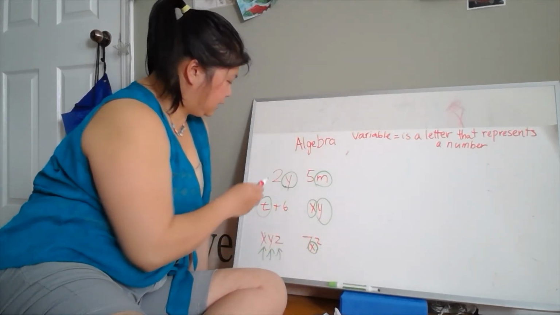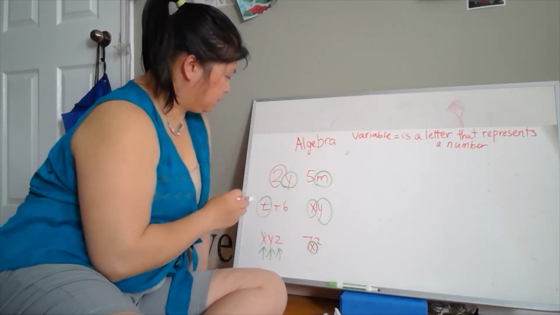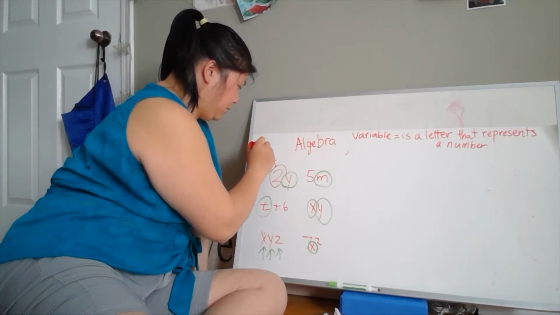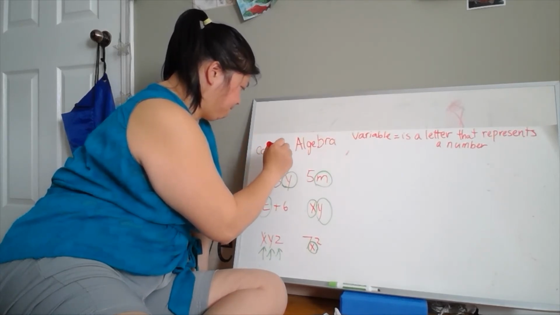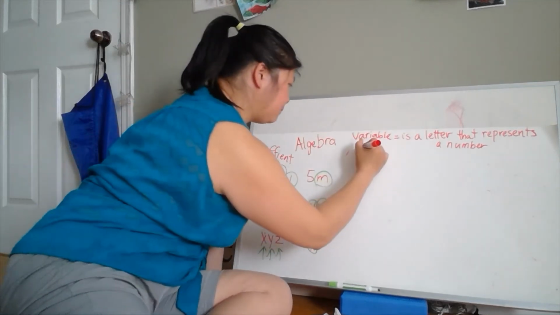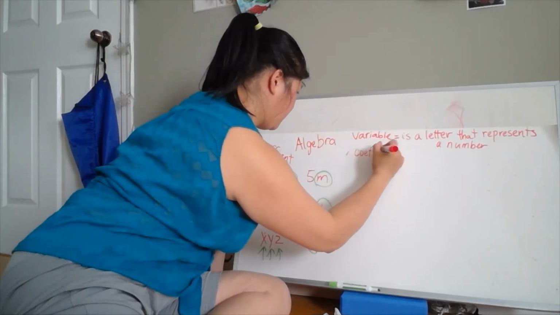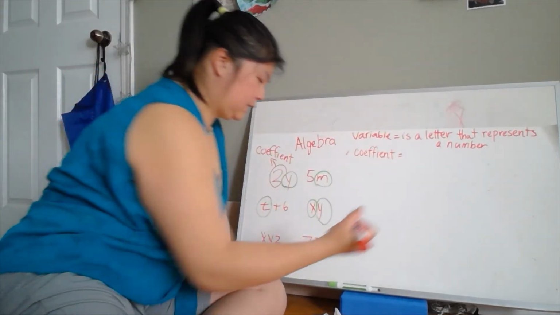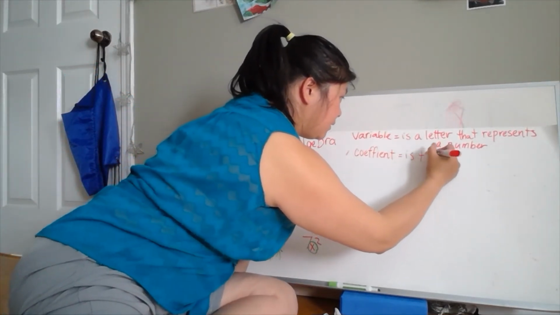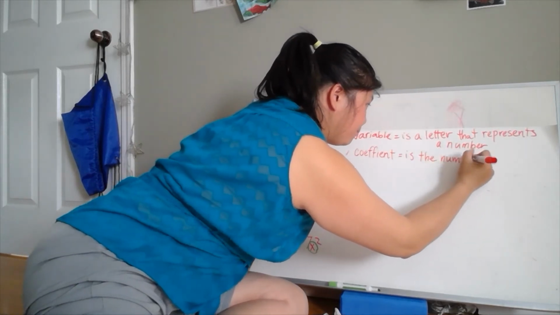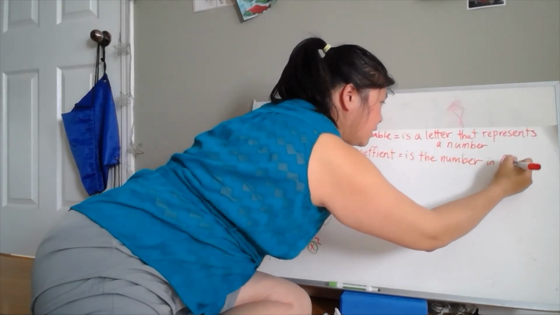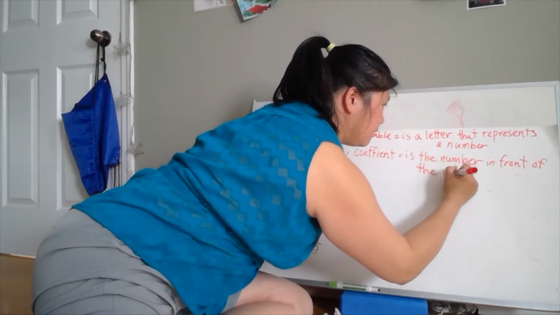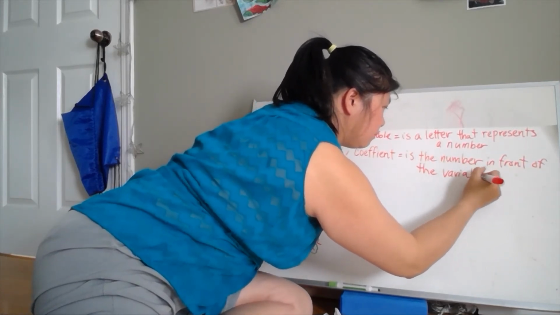So then what is this number in front? This is called the coefficient. I'm going to write another definition here. A coefficient is the number in front of the variable.